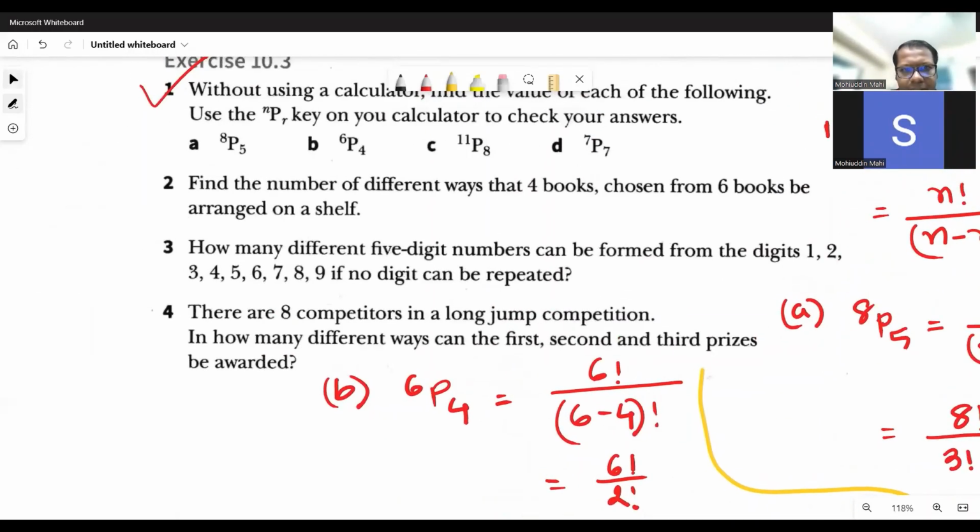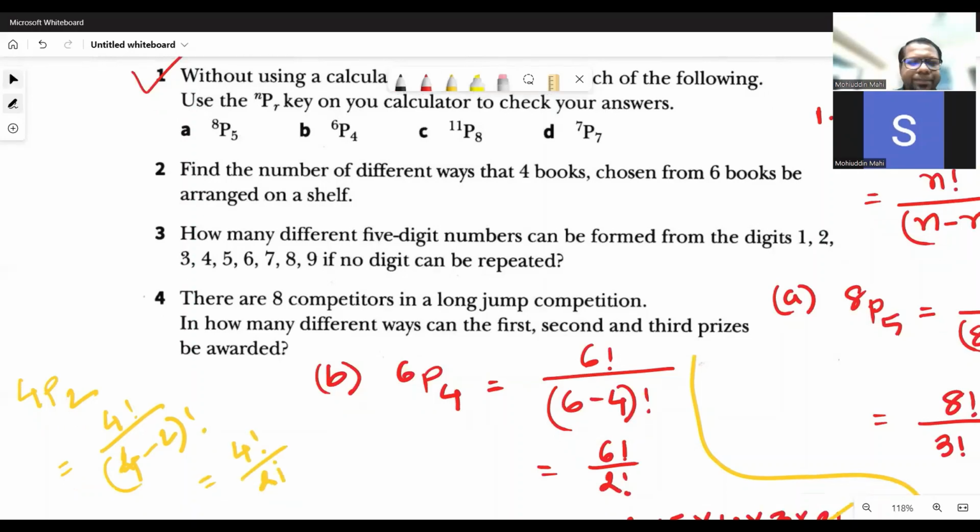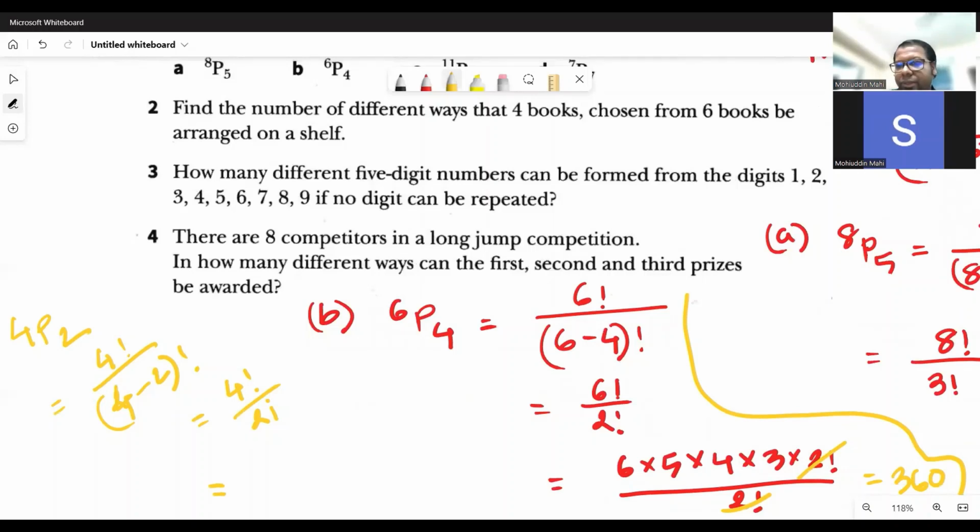I'm explaining these things with a simpler example, like 4P2. You cannot use the calculator. So 4 factorial divided by 4 minus 2 factorial, so 4 factorial divided by 2 factorial. What does 4 factorial mean? 4 factorial means the product of 4 into 3 into 2 into 1. 5 factorial means 5 into 4 into 3 into 2 into 1.